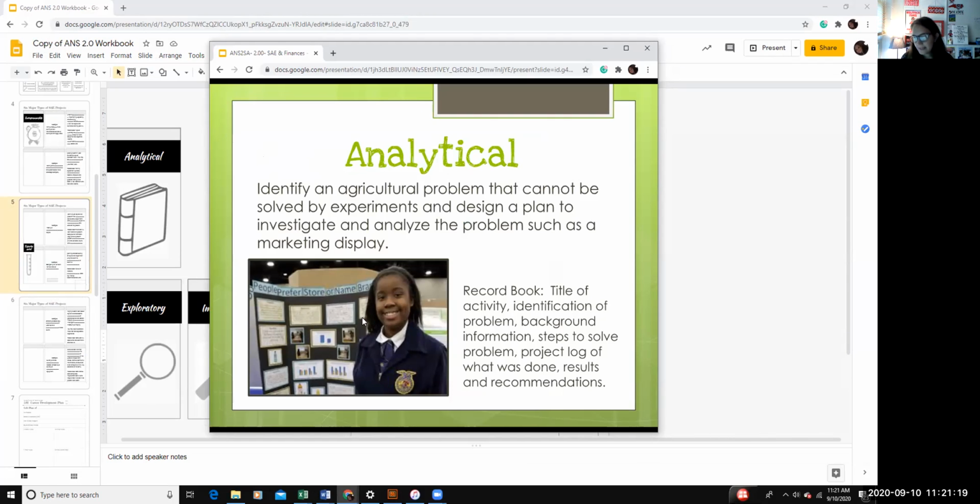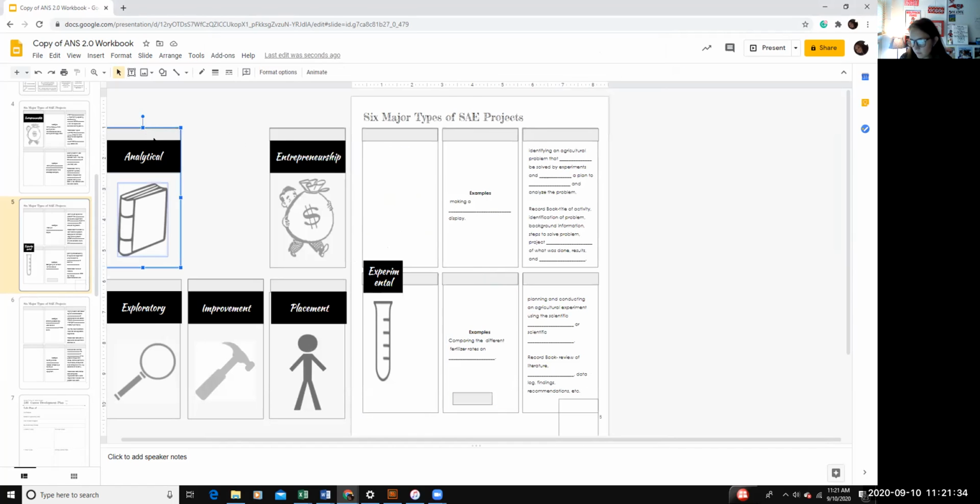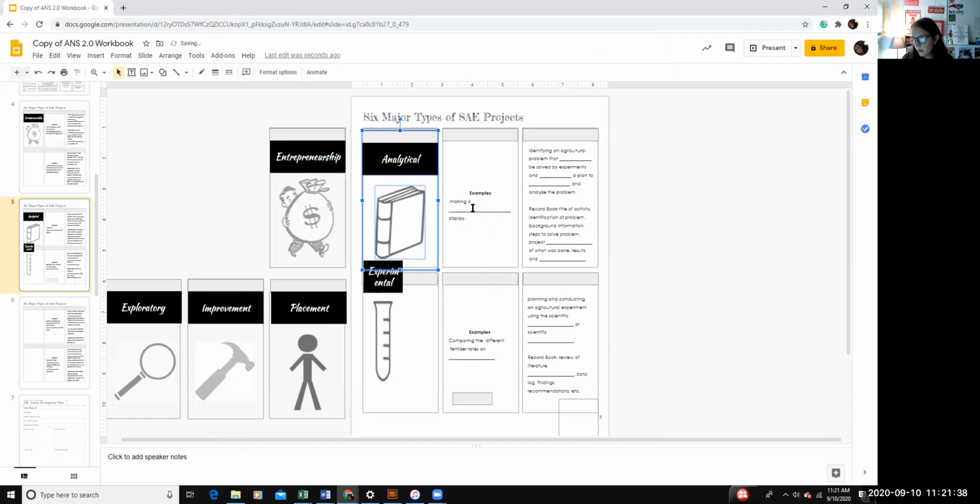And then she did the research, probably sent out a survey, got the data, and then made a board about it. So when we go back to our record book, it would be this one up here. So you drag that over there, and then you type in the correct things here.